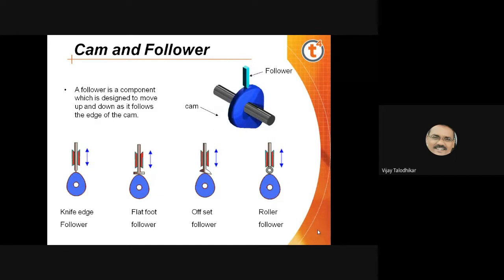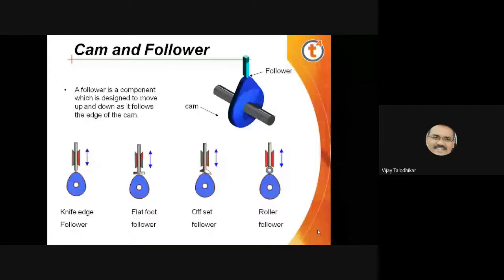If it passes through the center of the cam axis, then we can say this cam follower mechanism is a radial one. If the follower axis does not pass through the center of the cam axis, then we can say this cam follower mechanism is an offset one. This is a broad classification of how the cam follower gets classified as radial or offset.